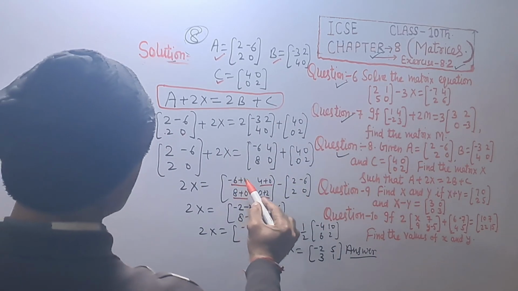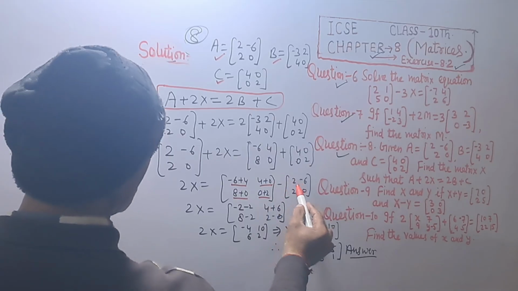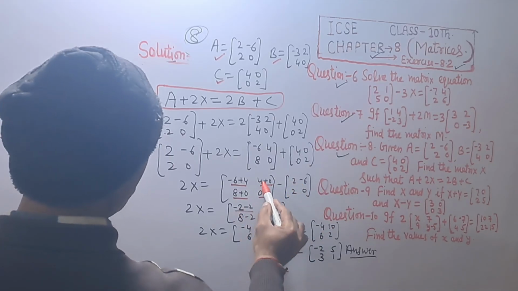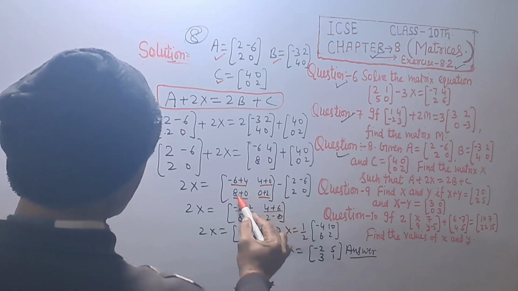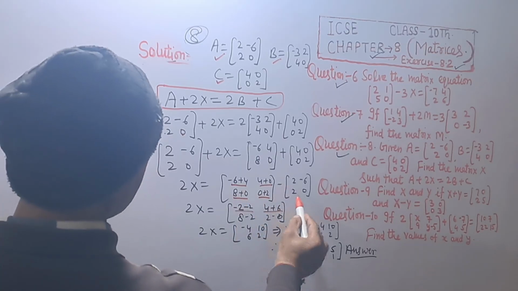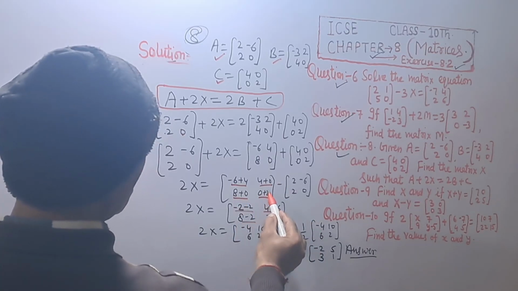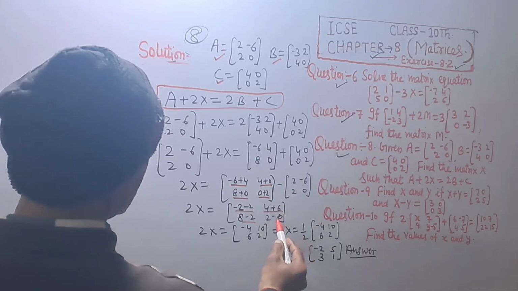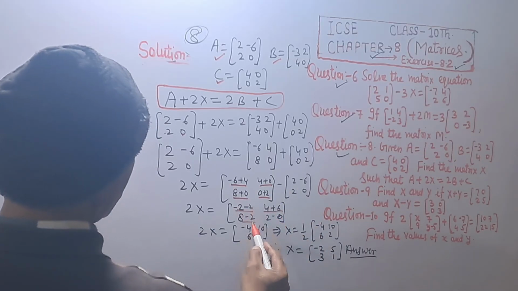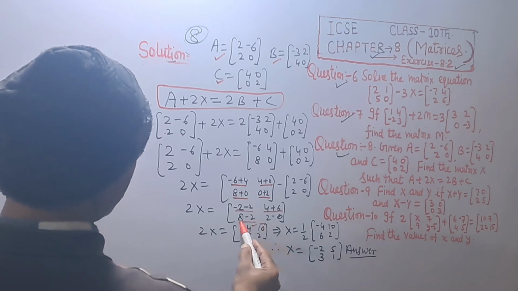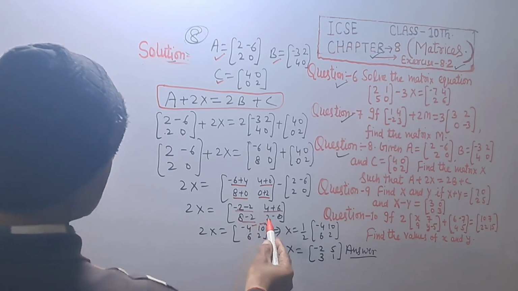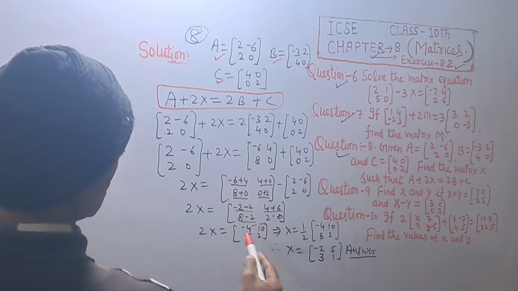Minus 2 minus 2 is minus 4; 4 minus minus becomes plus 6; 8 minus 2; 2 minus 0. So minus 2 minus 2 is minus 4, 6 plus 4 is 10, 8 minus 2 is 6, 2 minus 0 is 2.